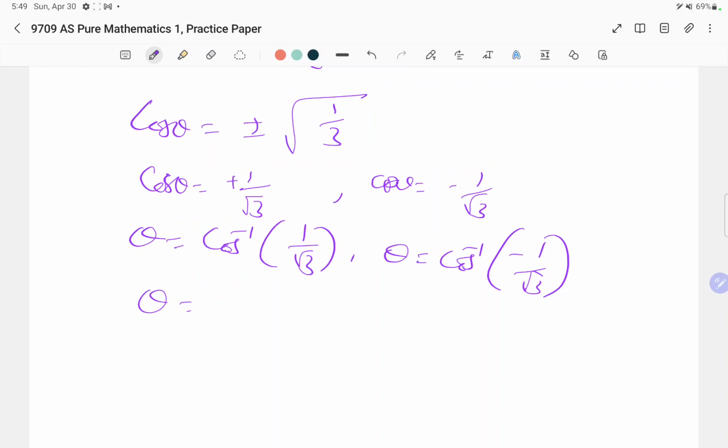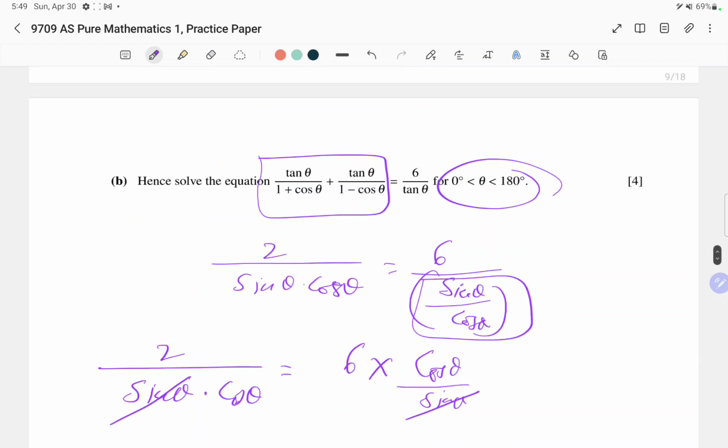Now shift cos inverse 1 over root 3, which is 54.73, so I will write 54.7. And next is cos inverse minus 1 by root 3, which is 125.26, so I can write 125.3. So these two are the answers, and these two are valid because they lie between 0 and 180 degrees.